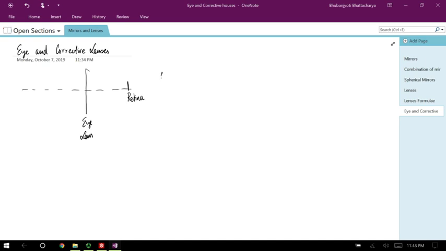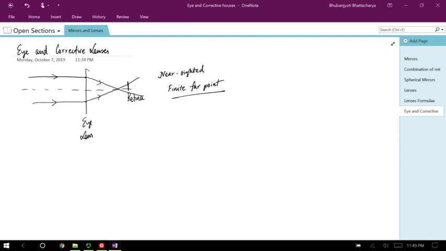Let's say this is a nearsighted person. Since this person is nearsighted, they can't see far away well enough. Or the other way of talking about it is that they have a finite far point. Usually for a normal eye, the far point would be infinite, but they have a finite far point. So what's going on is rays of light coming in from infinity would now converge before reaching the retina.